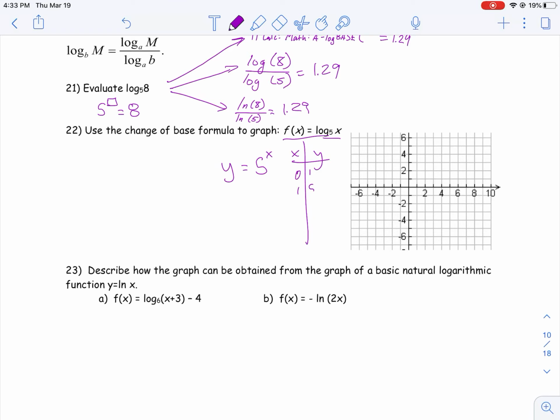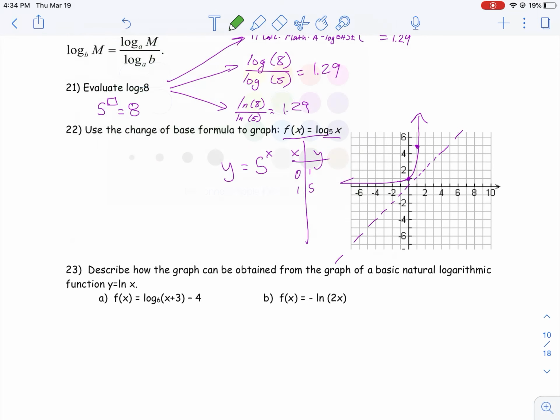5 to the 0 is 1, 5 to the first is 5. I know that I'm going to get a graph that's exponential, so it should look something like this. Now, if I want to graph the inverse of that function, then I can graph the log of that.